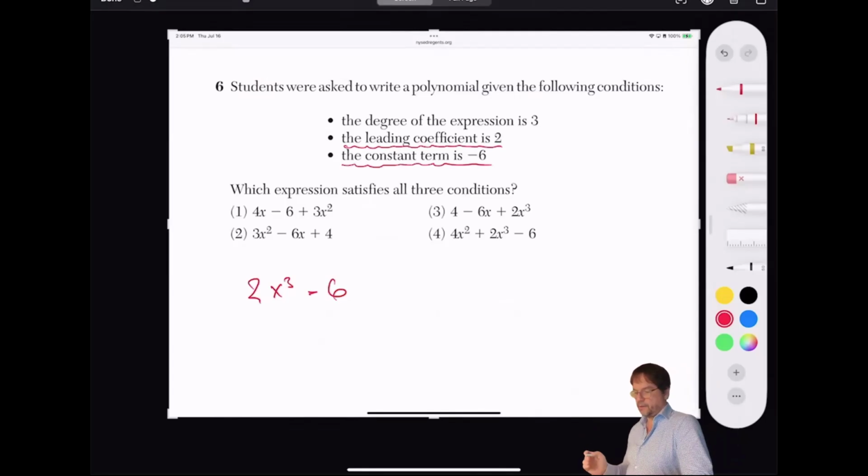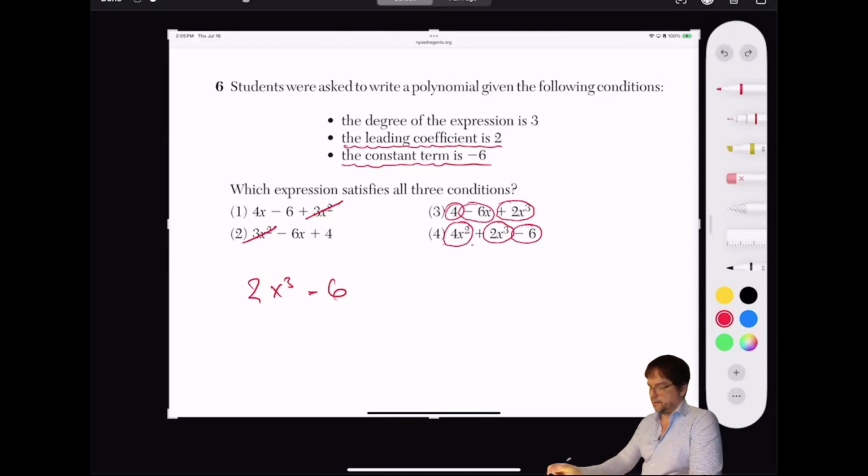Okay, so look, 2x cubed, 4x squared, minus 6. Okay, or 2x cubed minus 6x plus 4. Oh, sorry, this is not.